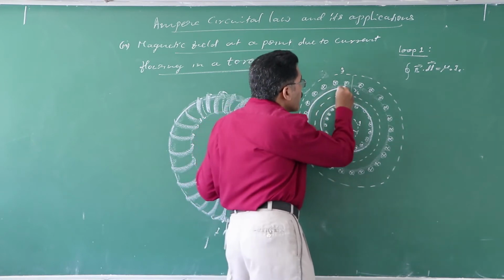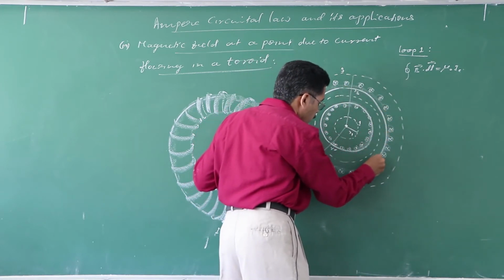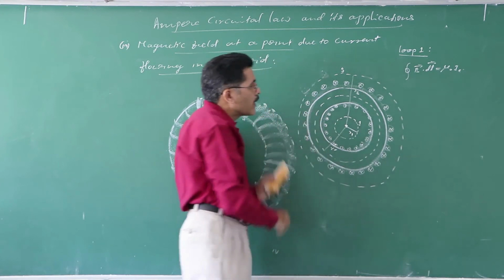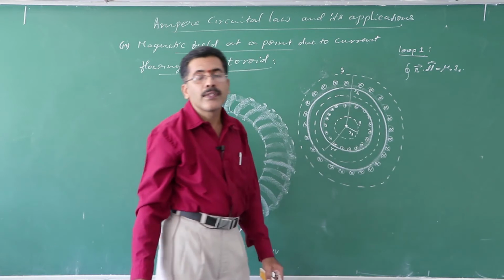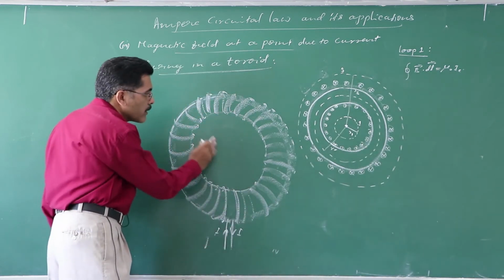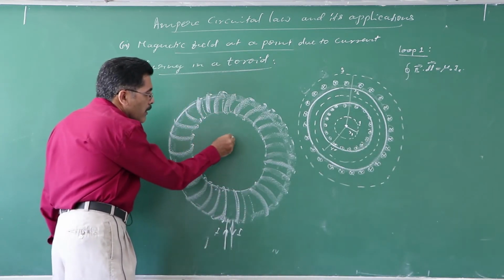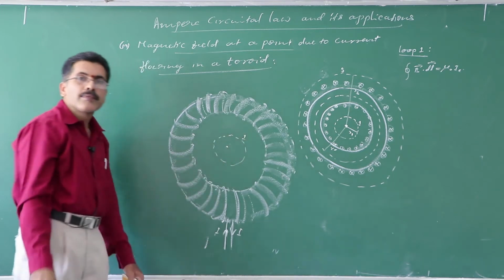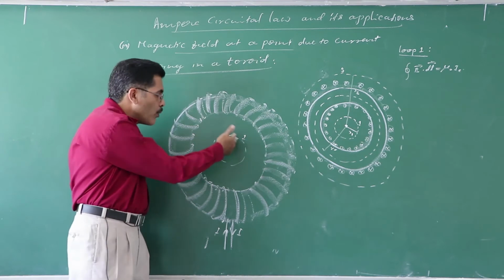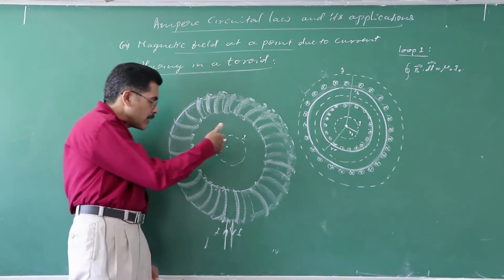Loop 1 is outside the toroid, in this region. It does not enclose any current. No current is passing within this region.